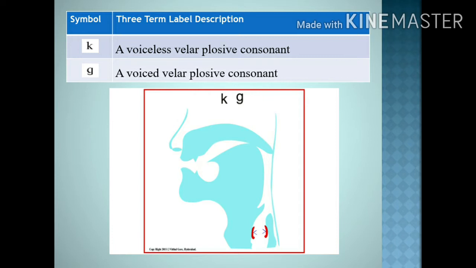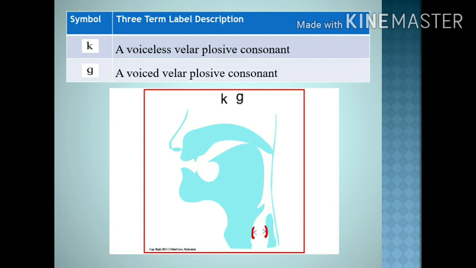K, G, K, G. Now, please carefully look at the diagram that I have shown just below the description for K and G. K is a voiceless sound, whereas G is a voiced sound. When you try to produce K, the vibration in the vocal cords is not that considerable.